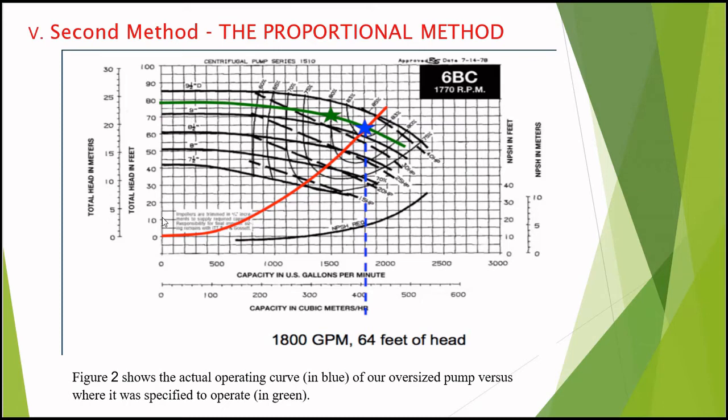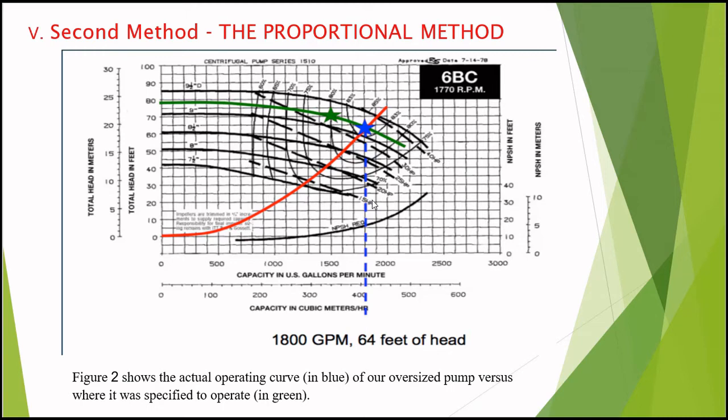While in actual operation, after running the system without any valve or flow limiters, we will get this operating point, which is not the best efficiency point we are looking for. So the pump will run oversized, and the operating point will be at this point of the system curve.